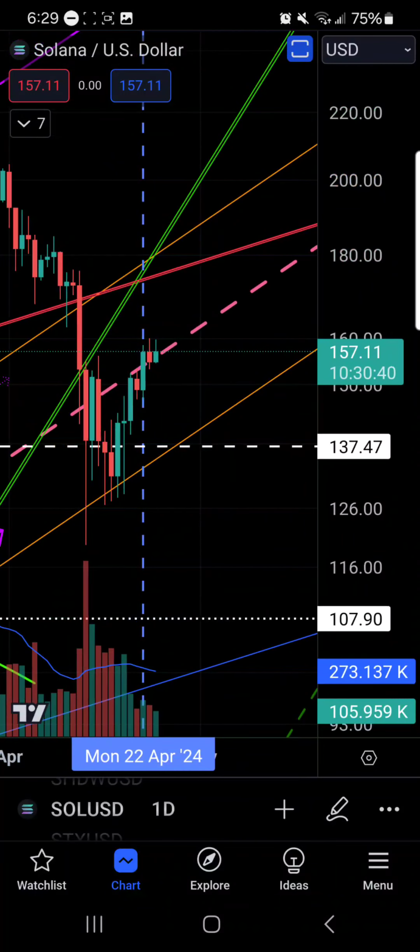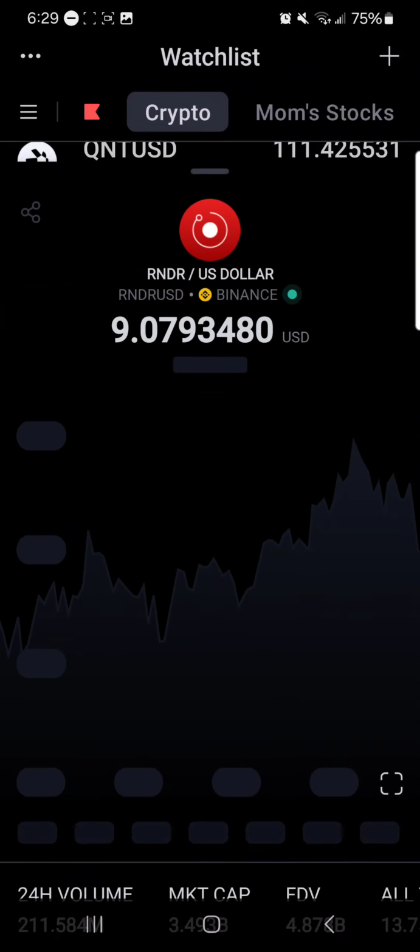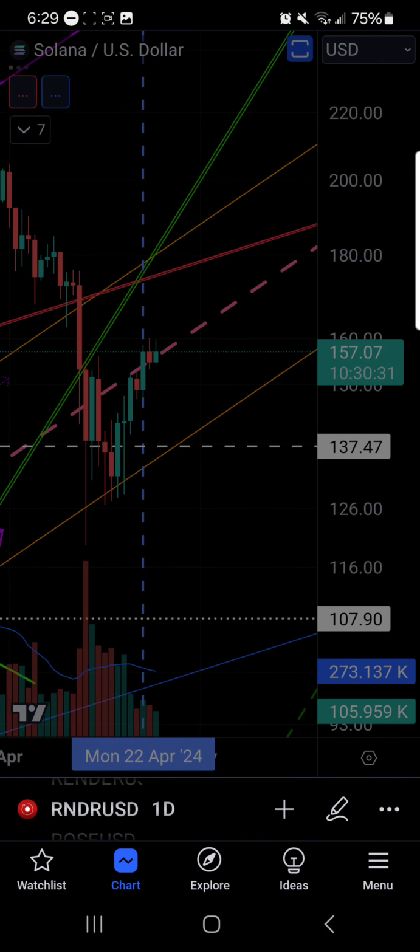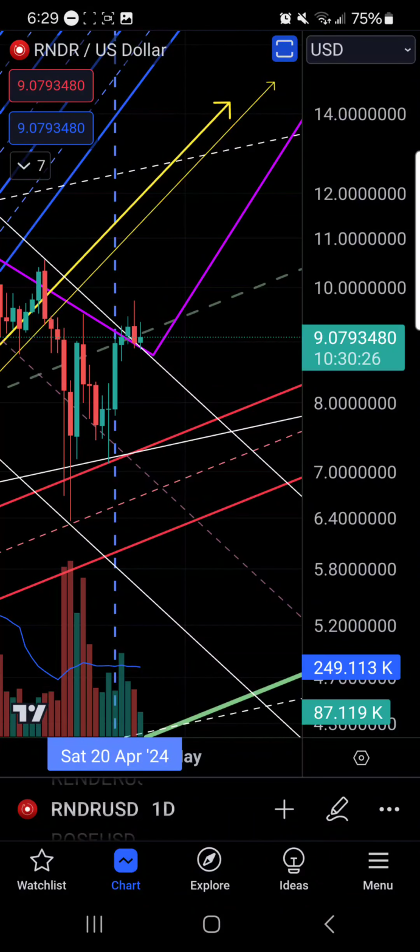Now, mind you, these are the last moves before we pump. Let's look at Render. It's been very, very dumpy. It's down 50% from what it was like a month or so ago.